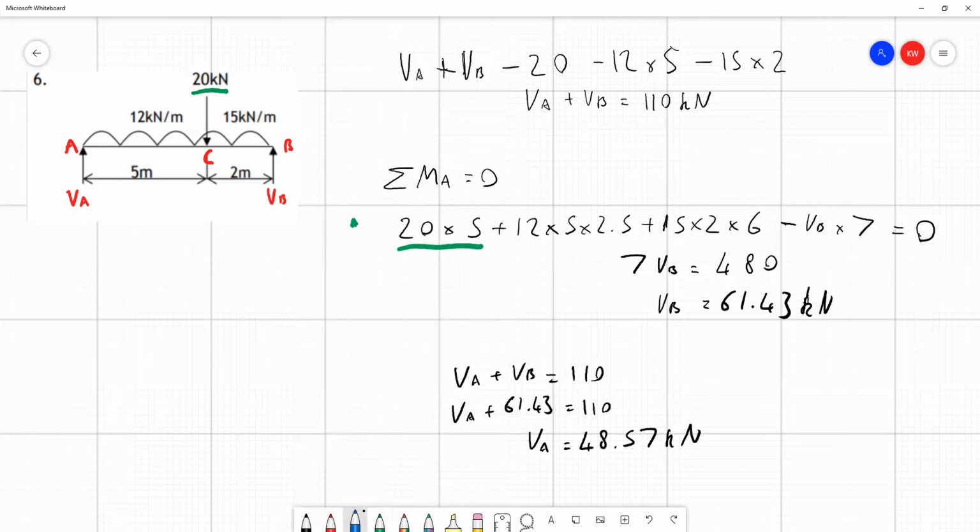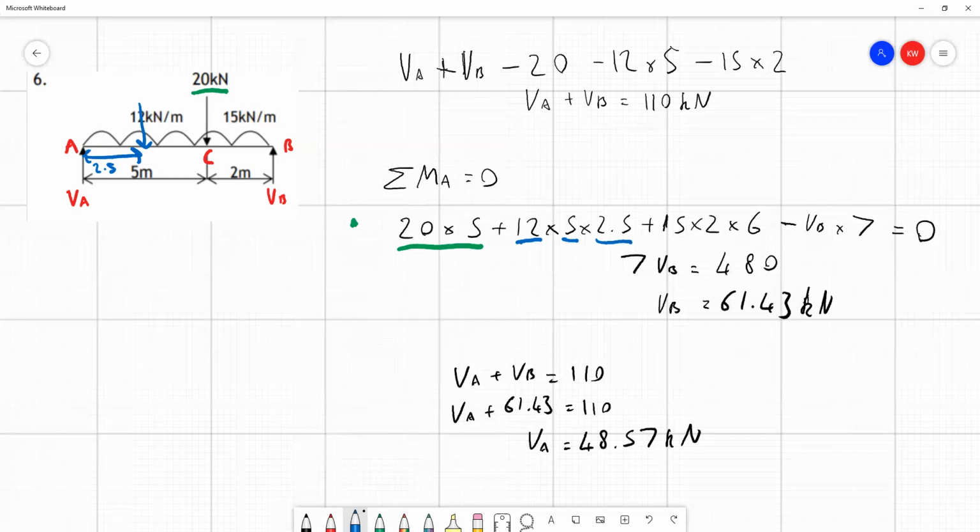So when we've got 2 separate UDLs, we consider them separately. So we consider a 5-meter section of beam from A to C. So this is 5 meters here. 12 kilonewtons per meter is the UDL. And the 2.5 meters, well, it applies halfway between A and C. And that is also 2.5 meters from A. You'll see why I'm making this extra clear in a second, but halfway between A and C is 2.5 meters, so that's where we get the 2.5 here.